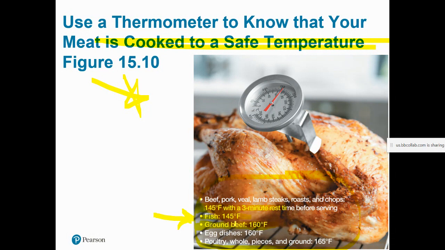Part of that is the extent to which these animals are processed and the opportunity for cross-contamination, honestly, just in the packaging facilities. Egg dishes, heat those up to 160 degrees, and then poultry, 165.